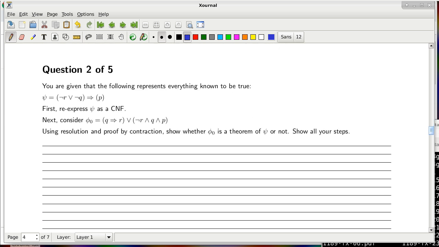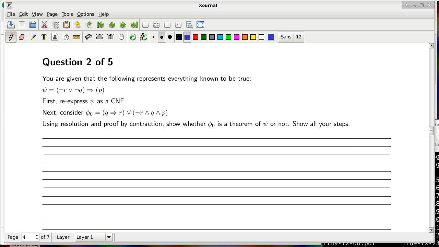This is question number 2 of 5. This was in our second exam, so I'm not going to put it in the final exam for this class. But we have Prolog and complexity stuff.